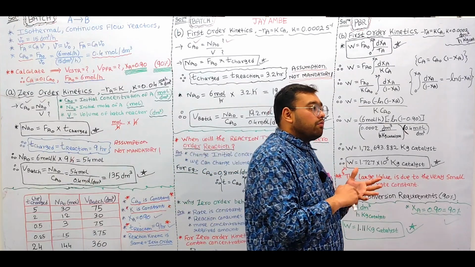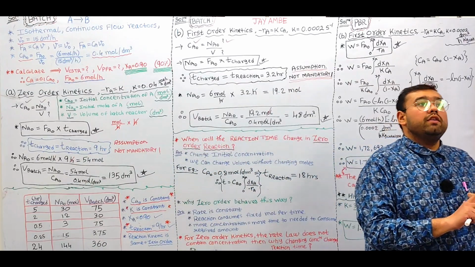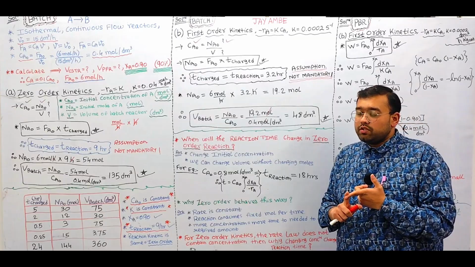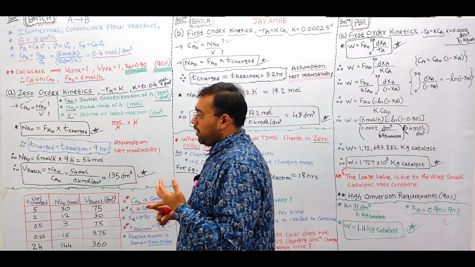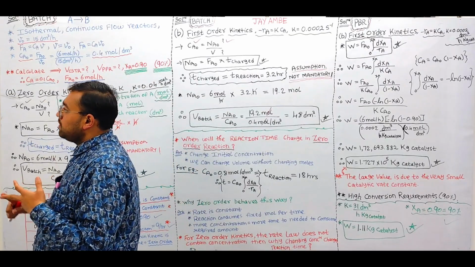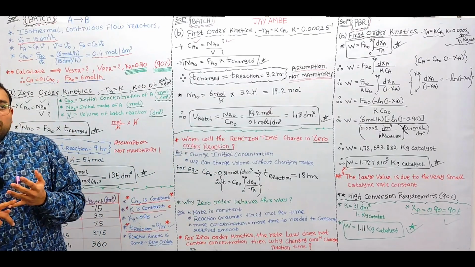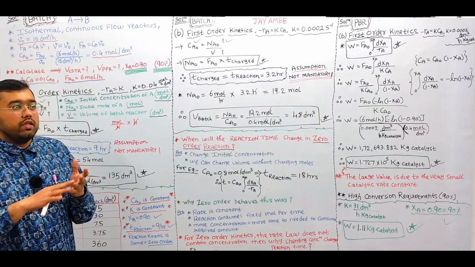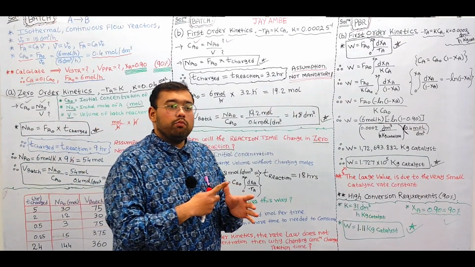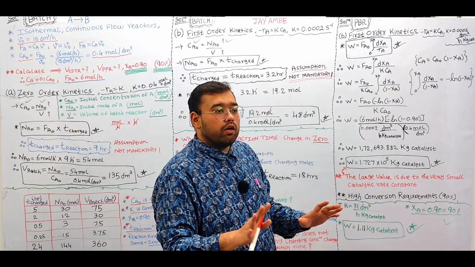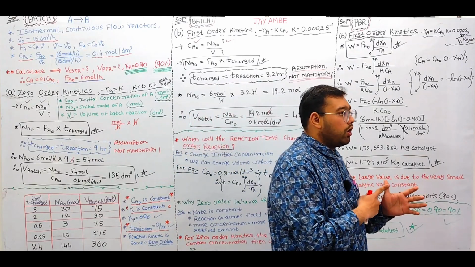So out of these 5 terms, let's say the initial concentration is constant, right? The molar flow rate is constant. The initial number of moles is also constant, right? So no problem with all these things. Now the volume term is also okay. We are not having any problem with the term volume.